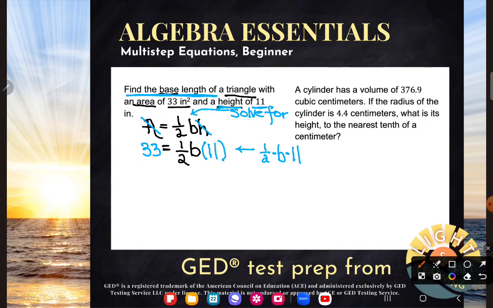And it's good to think about it that way because, remember, we can simplify before we start solving. And when three numbers are just multiplying, it doesn't matter what order you multiply in. You can do whatever order you want. And we can use that fact in order to simplify this. You can do 1/2 times 11.